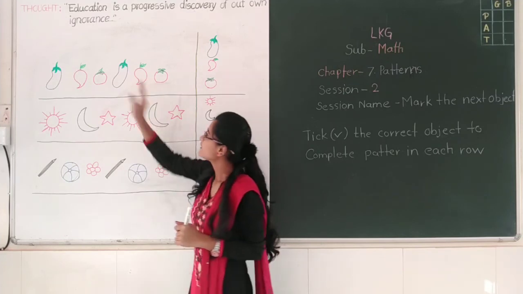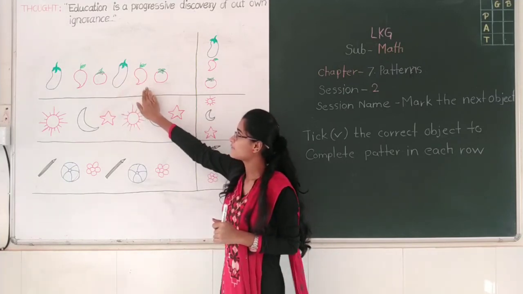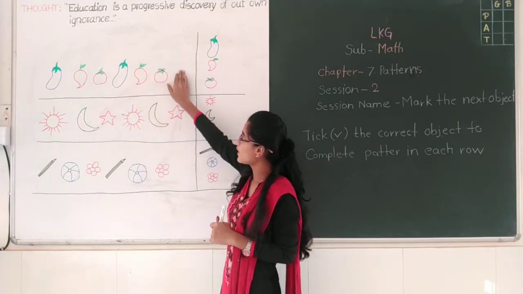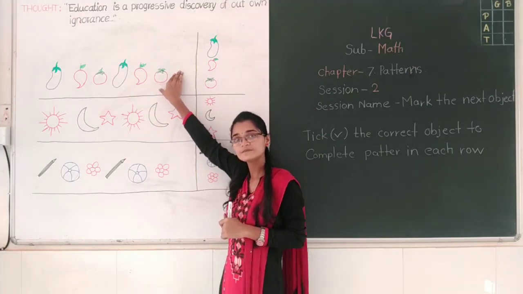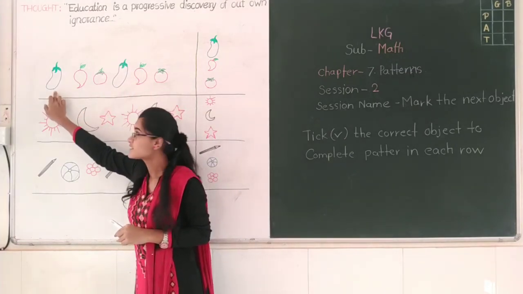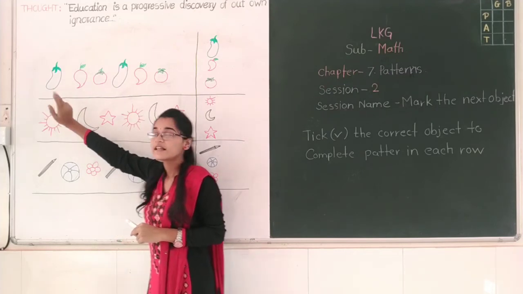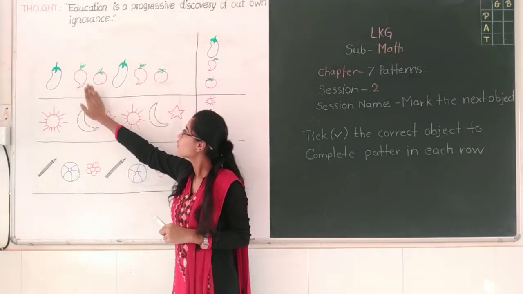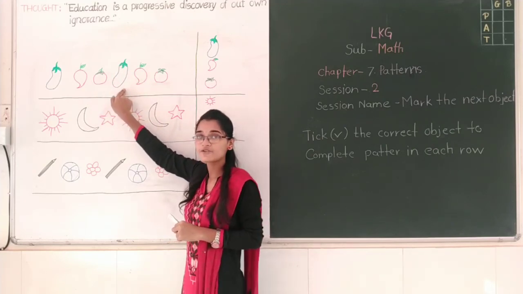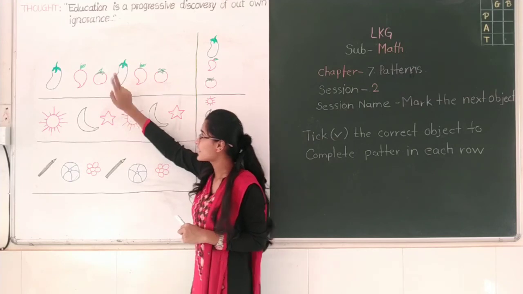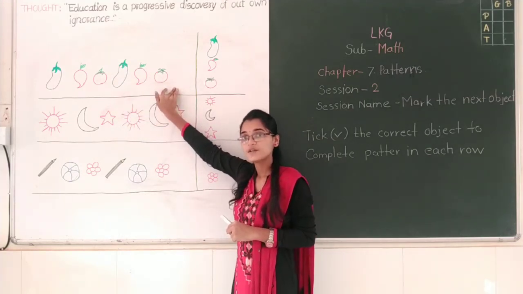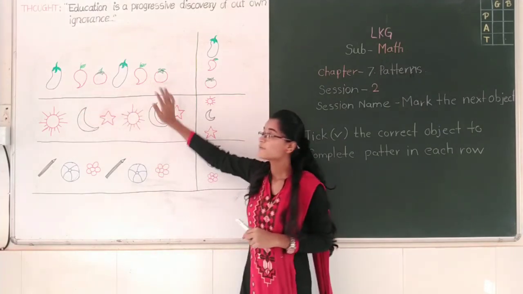Then after the brinjal, one mango, and after the mango, one tomato. So this is the pattern of the first row.